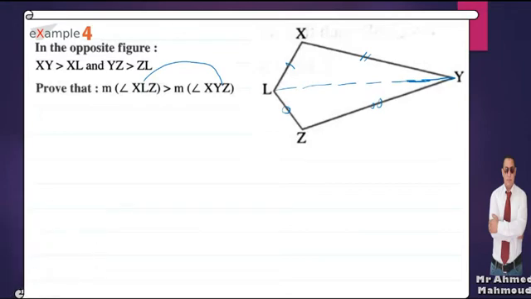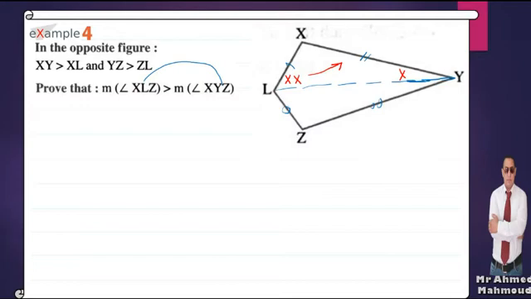By looking at the upper triangle, XY bigger than XL, then angle L greater than angle Y, because angle L is opposite to XY and angle Y is opposite to XL.